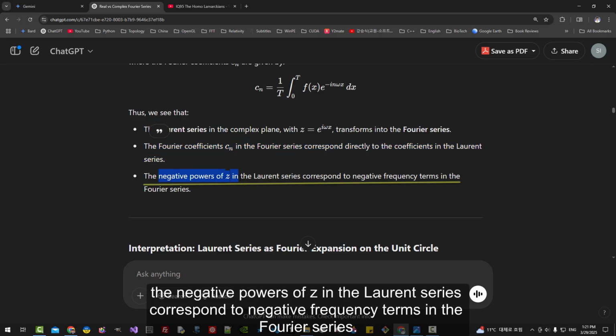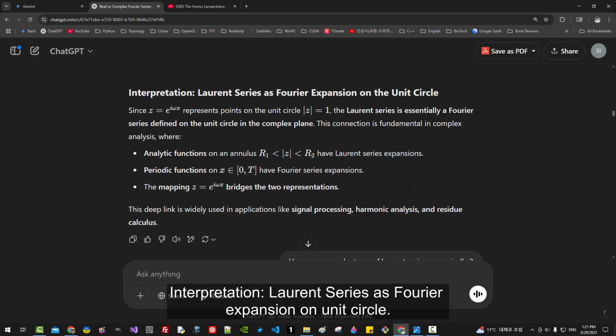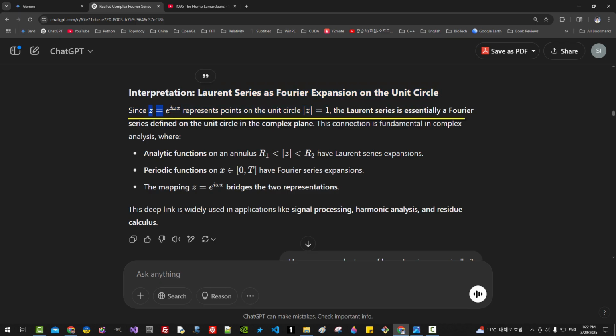The negative powers of z in the Laurent series correspond to negative frequency terms in the Fourier series. Interpretation: Laurent series as a Fourier expansion on the unit circle. Since z equals e to the i omega x power represents points on the unit circle, the Laurent series is essentially a Fourier series defined on the unit circle in the complex plane.